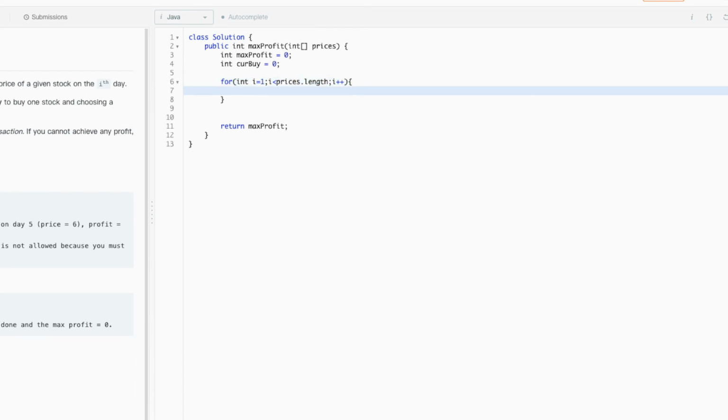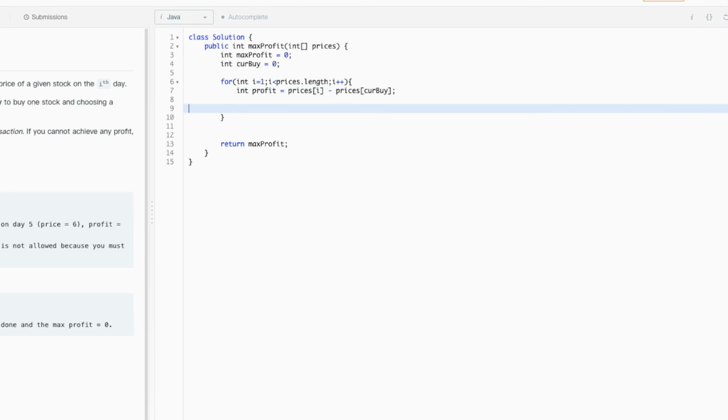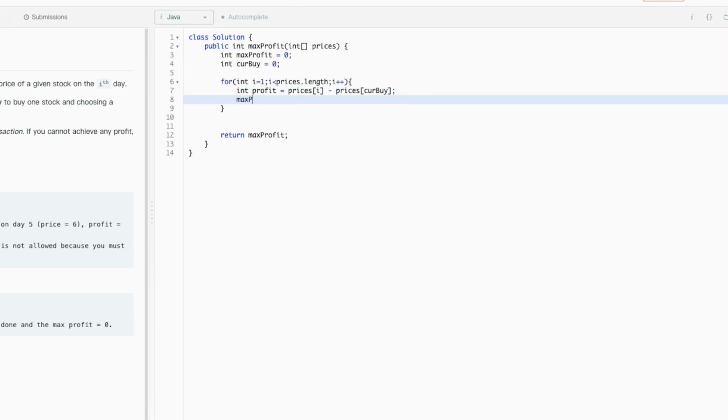What we'll do here is calculate the current profit. We calculate the profit by taking the prices at the ith value minus the price at the current buying index that we have. Now we'll update our max profit with the profit value that we have calculated.